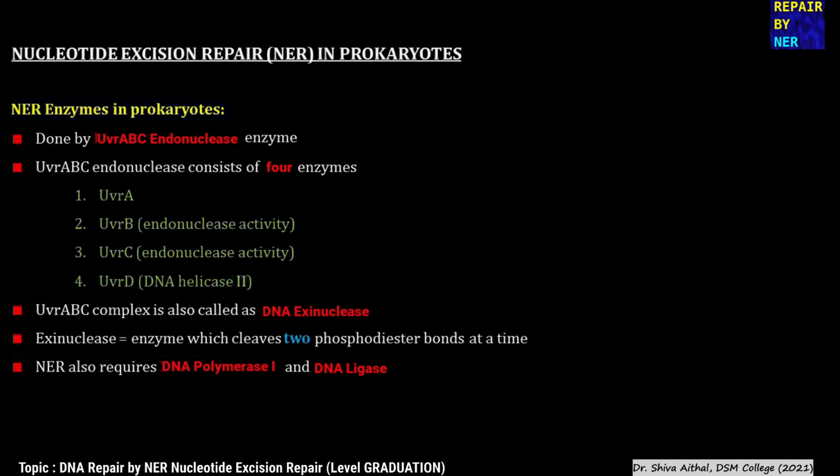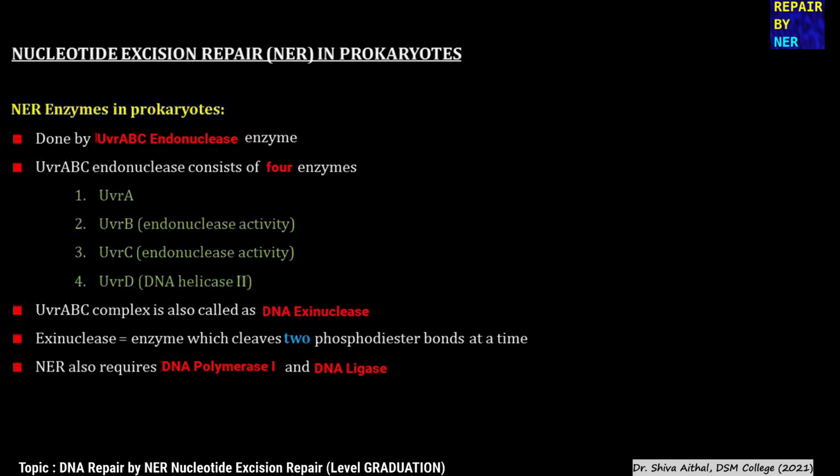They are cut. So nucleotide excision repair in prokaryotes is primarily initiated, or the cut is initiated, by the endonuclease enzyme system, and here it is called UvrABC endonuclease. The Uvr system consists of 4 enzymes: UvrA, UvrB, UvrC, UvrD. UvrB has endonuclease activity, so does UvrC, and UvrD has helicase activity.